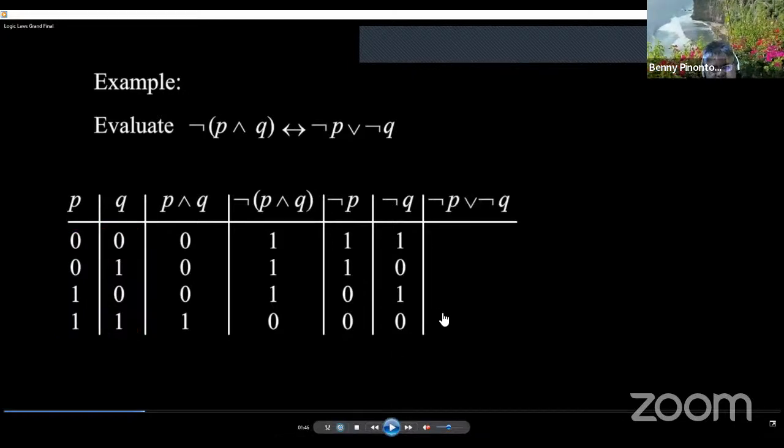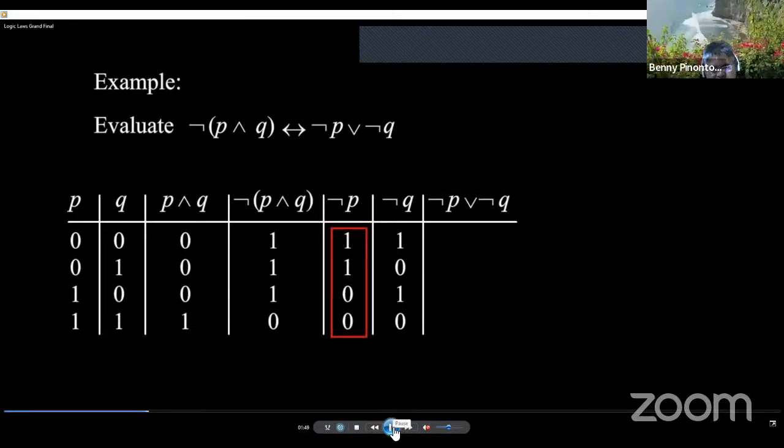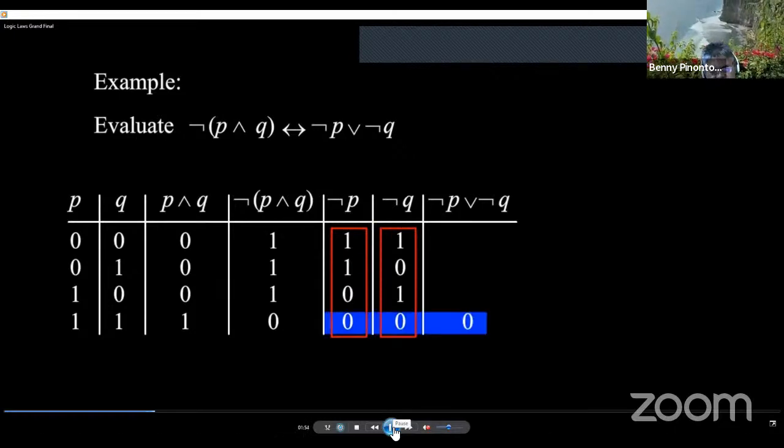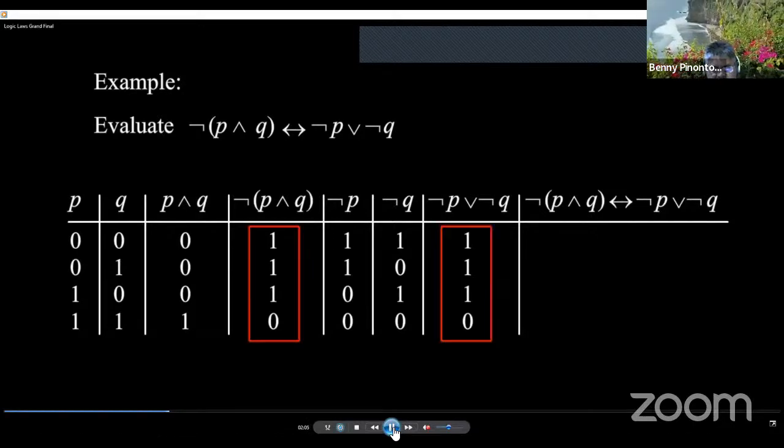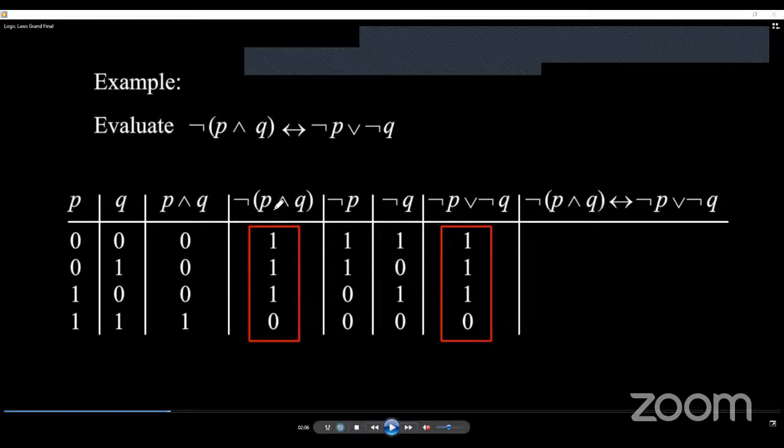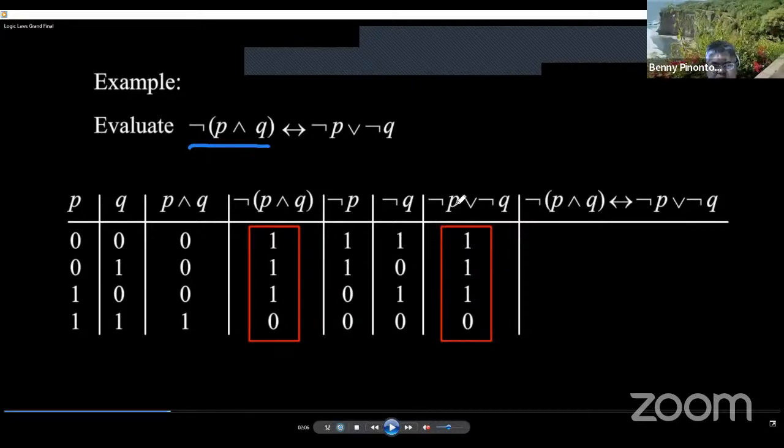Then the OR: you do those columns, and that is the OR of them. You look at where they are all 0, and you put 0. All the rest are ones. And now for the whole thing, you compare the two columns, this column and that column.